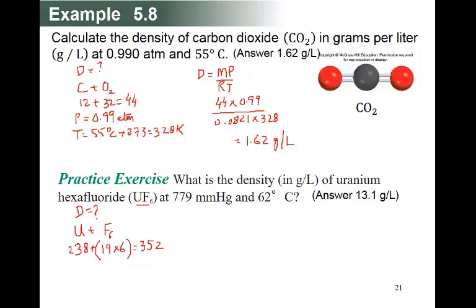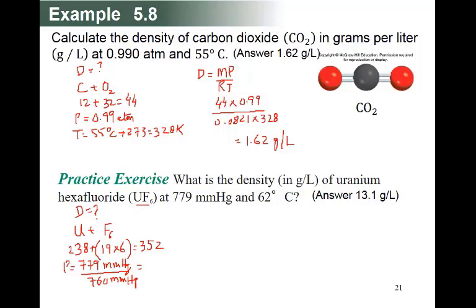And here the pressure is given as 779 millimeter mercury. So we have to convert it to atmosphere, so we divide by 760 millimeter mercury.